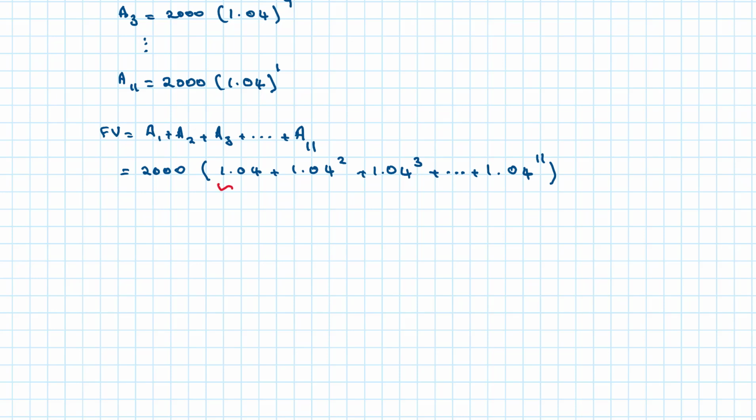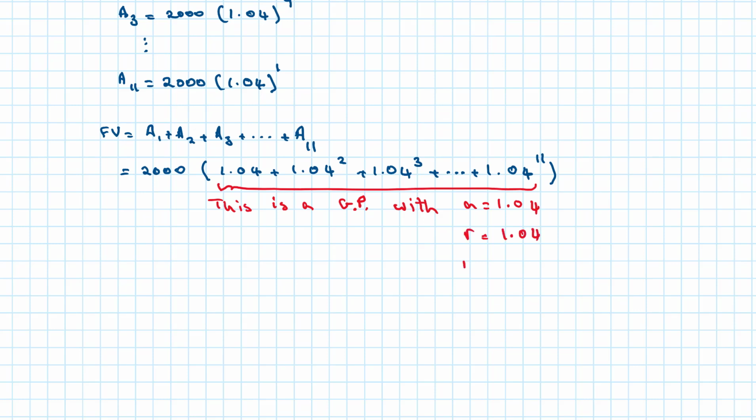Just like before, this is a geometric progression with my first term being 1.04, common ratio 1.04, and number of terms 11.